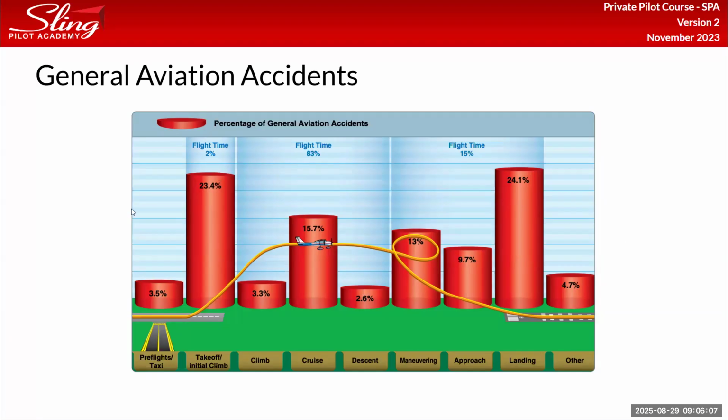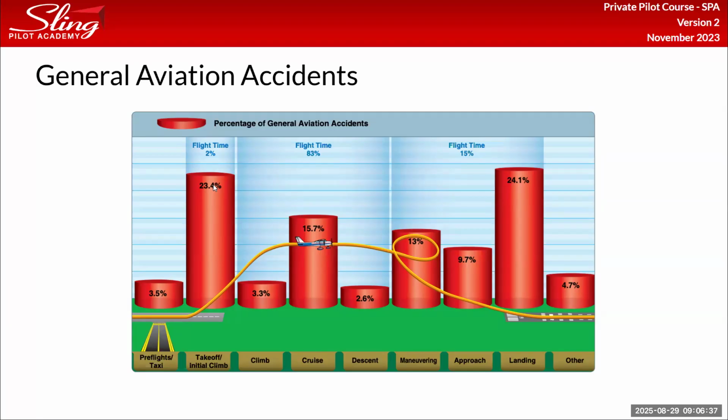We've already talked about this throughout the class, such as how base to final is really dangerous. On that turn, we have to be aware and stay coordinated. And on takeoff and climb, there's not a lot we can do other than follow our checklist, but takeoff and initial climb with an engine failure is where a lot of accidents happen, and that's why we run through our emergency briefing before takeoff.